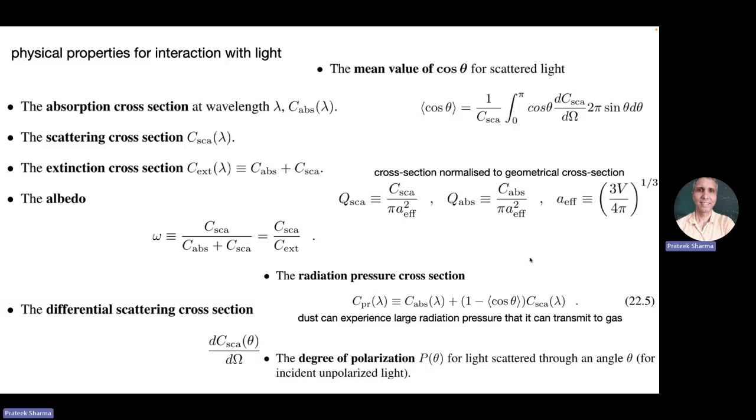You can think of the particles in the grain as little dipoles. They start oscillating because they are excited by this electric field. These oscillating dipoles will radiate energy in all directions, and all these dipoles add and produce radiation in different directions. So for the light ray which was moving in this direction, some of its power is now going in other directions. That is the picture of scattering.